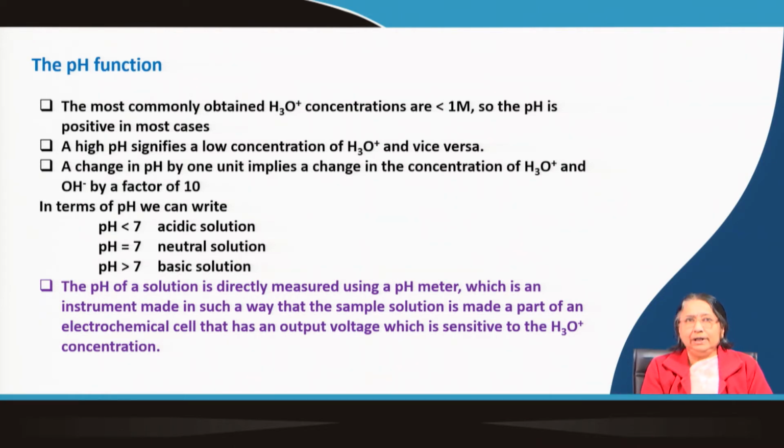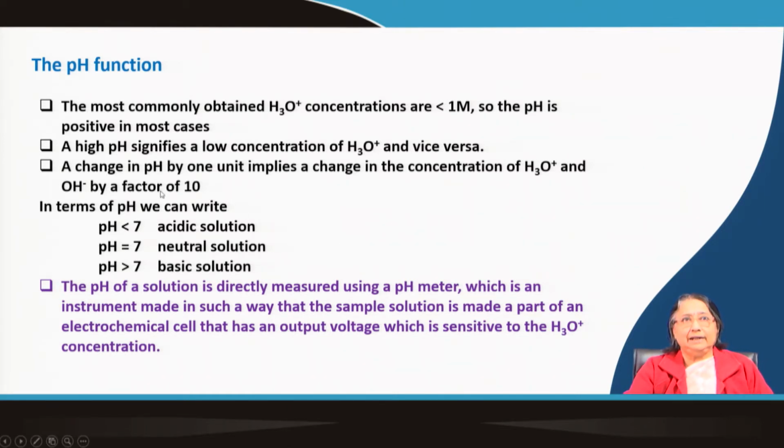The most commonly obtained H3O plus concentration is below 1 molar. So, the pH is positive in most cases. In very rare cases it may be negative also, and the pH can go a little above 14, but in a general way we can say that the pH scale is 0 to 14.